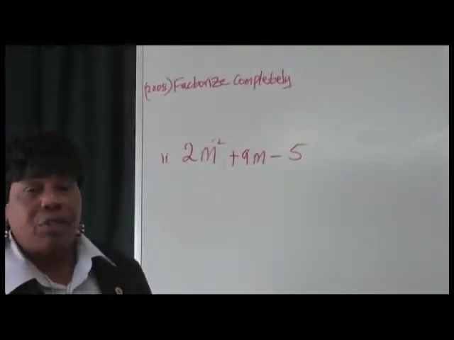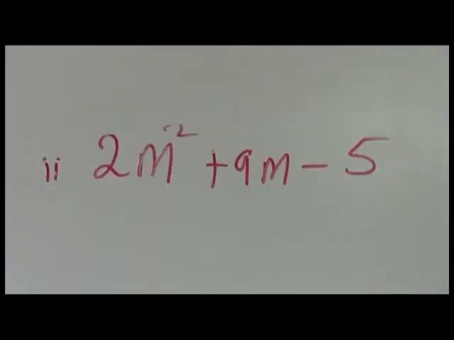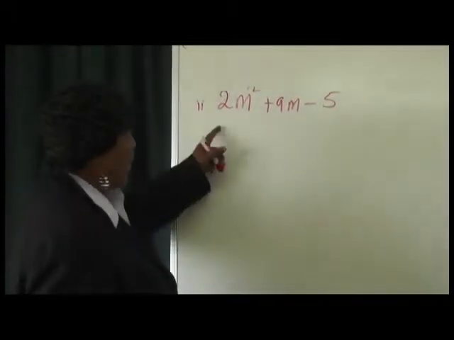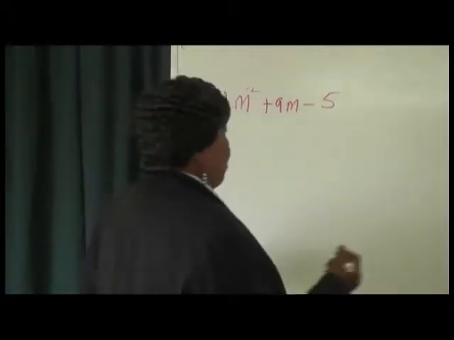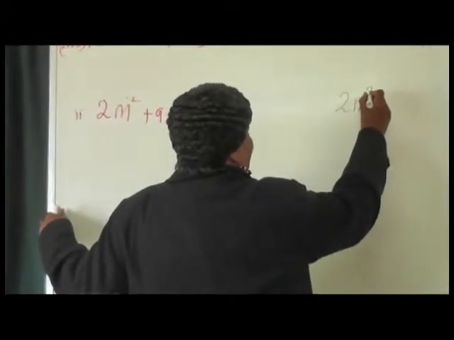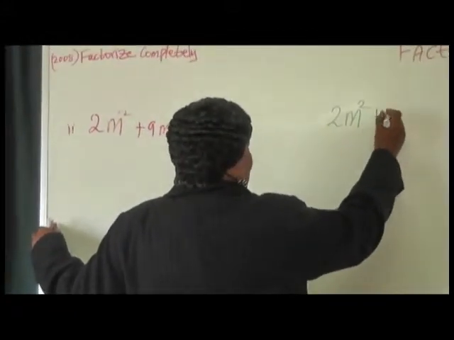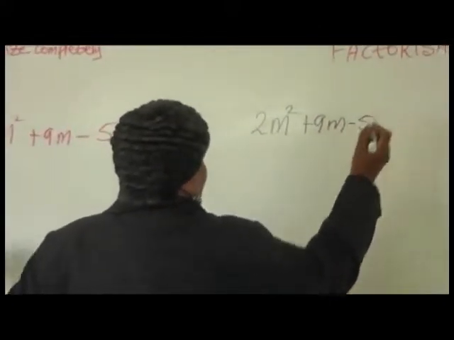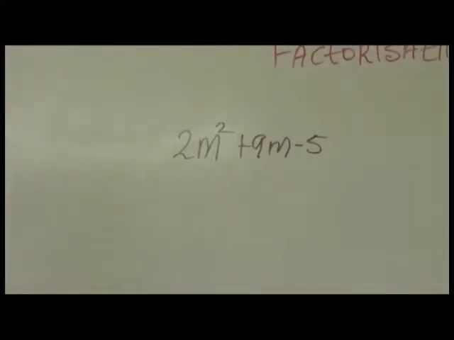So we distinguish them. Next week, I'll go right through the factorization and say how many types we have, so that when you're in that examination room, you can say, this is the one that fits this category, and you know what to do. Here, I expect you to know what to do too, because this is the quadratic equation with a coefficient, 2m squared plus 9m minus 5, and we are asked to factorize that.